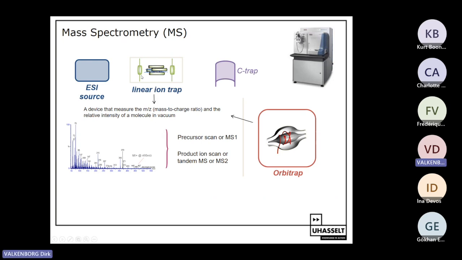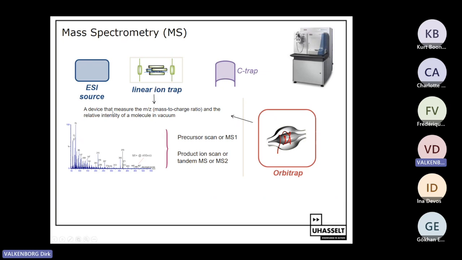And then we will apply a sweep over the radio frequency, allowing to eject some of the ions according to their mass charge, and then measure which ions are ejected and how many actually. That's what we want to know.